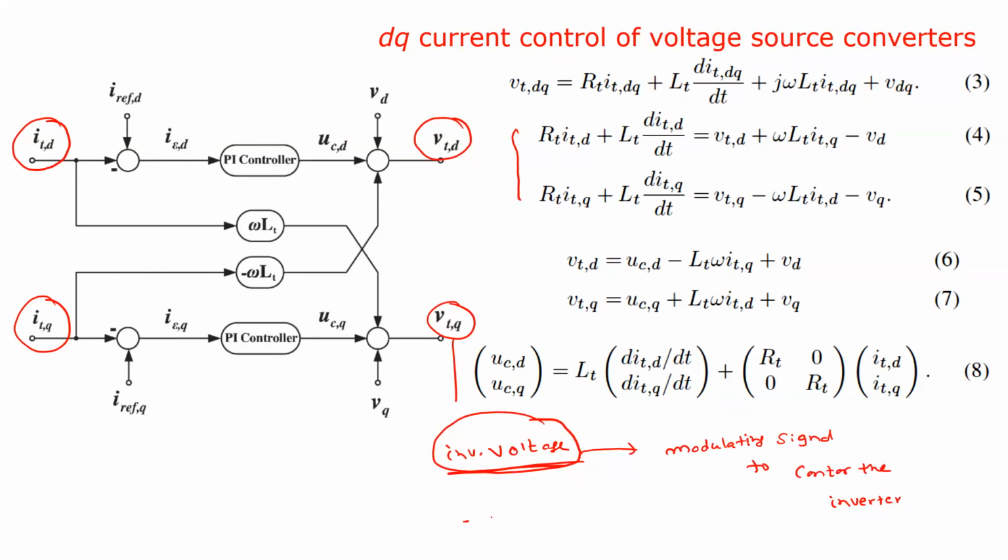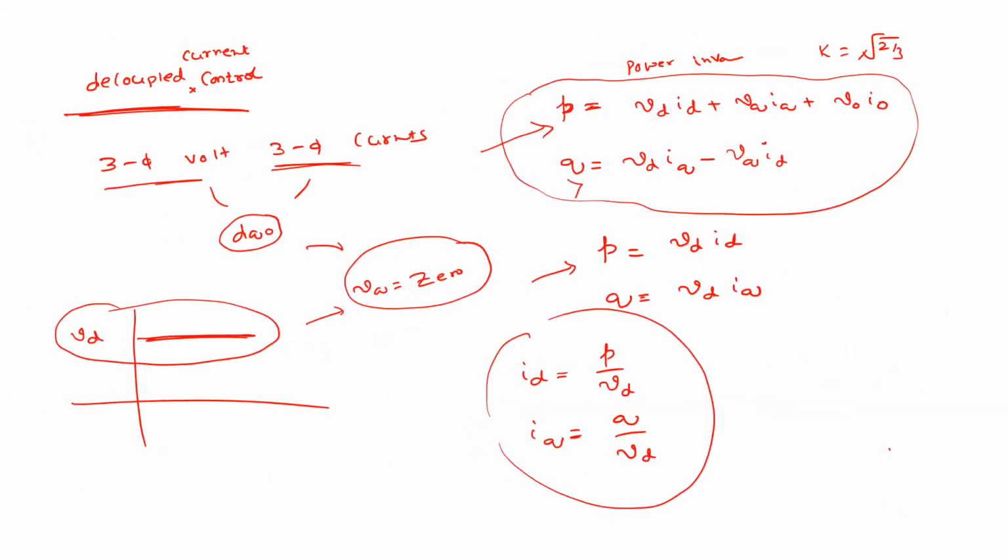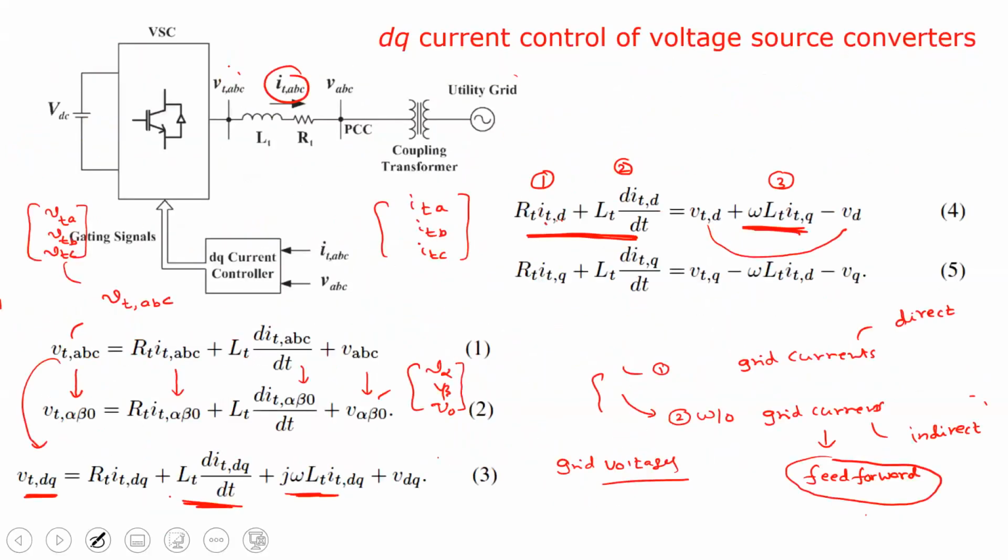So we need to obtain the modulating signals. That means indirectly, if you know the modulating signals, you can estimate the inverter voltages, right? So our ultimate objective is to obtain the modulating signal for this inverter.